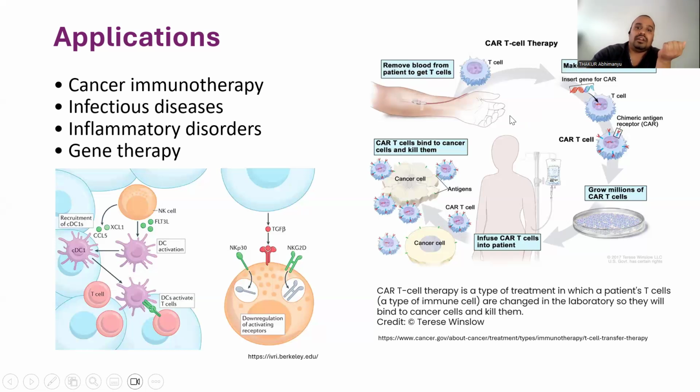And upon re-infusion, these reprogrammed cells exhibit enhanced tumor recognition capabilities and amplified cytotoxic potential that enables them to overcome immune evasion mechanisms, which can be employed by the cancer cells.